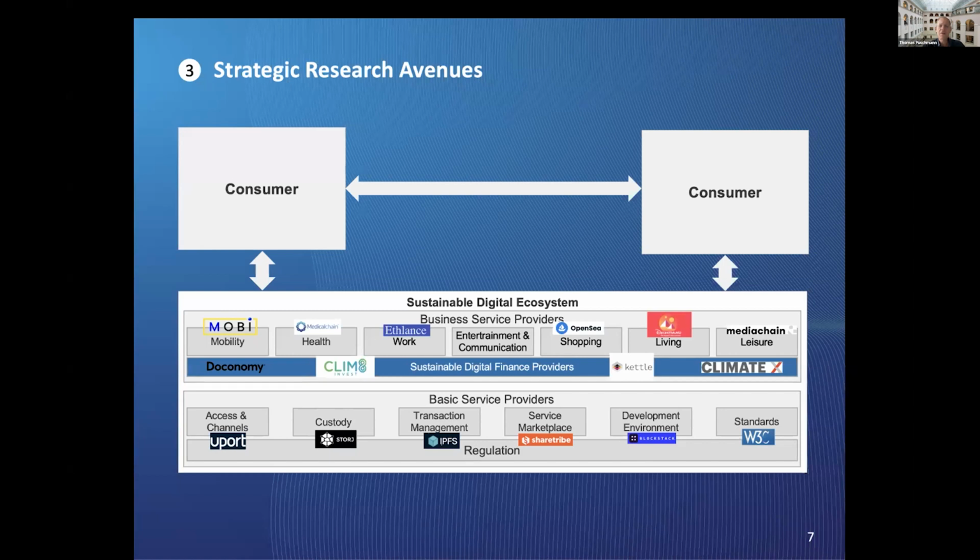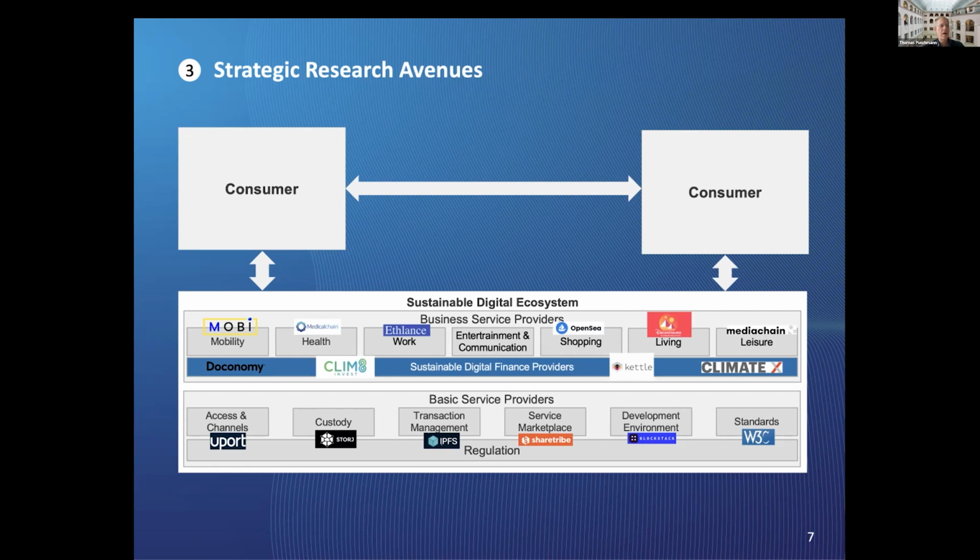And we can also see that these sustainable digital finance providers try to embed themselves into these decentralized economies, like digital ecosystems, which is also a term that was coined in that respect. So many of them provide services that can be used here.